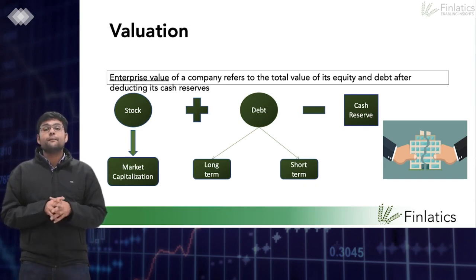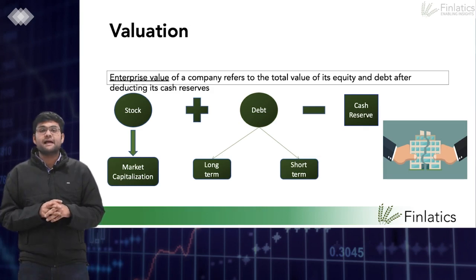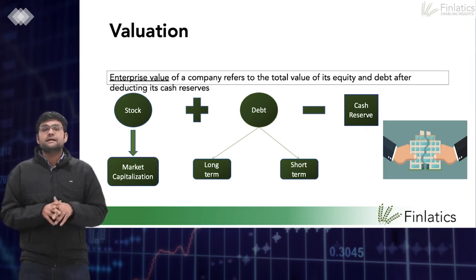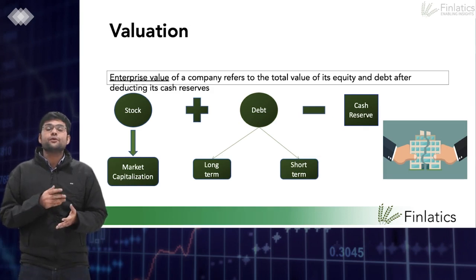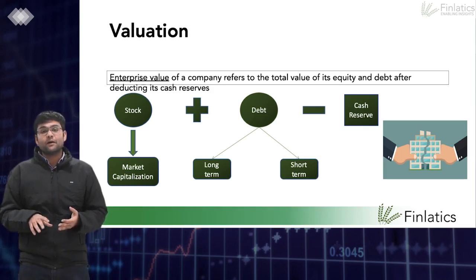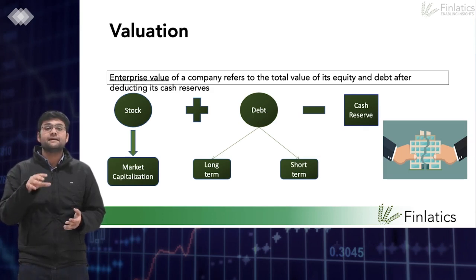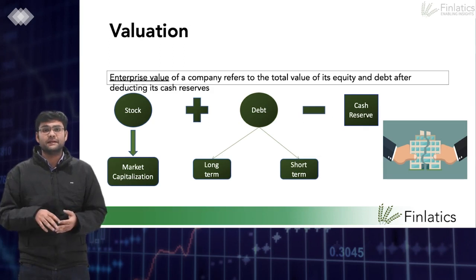Enterprise value is a more robust valuation parameter than market capitalization and is often used in mergers and acquisitions. This is because during a merger or an acquisition, when company A acquires company B, it not only acquires the equity of that company, but also takes on the liability or the debt that is associated with that company.